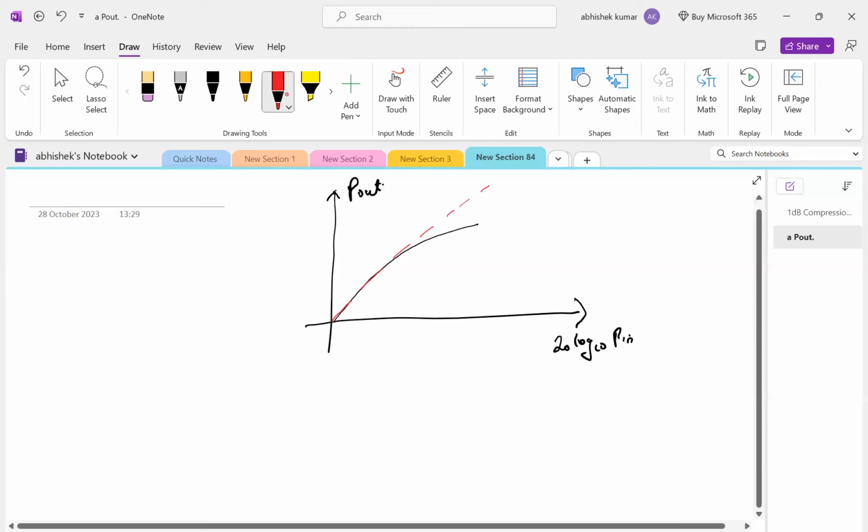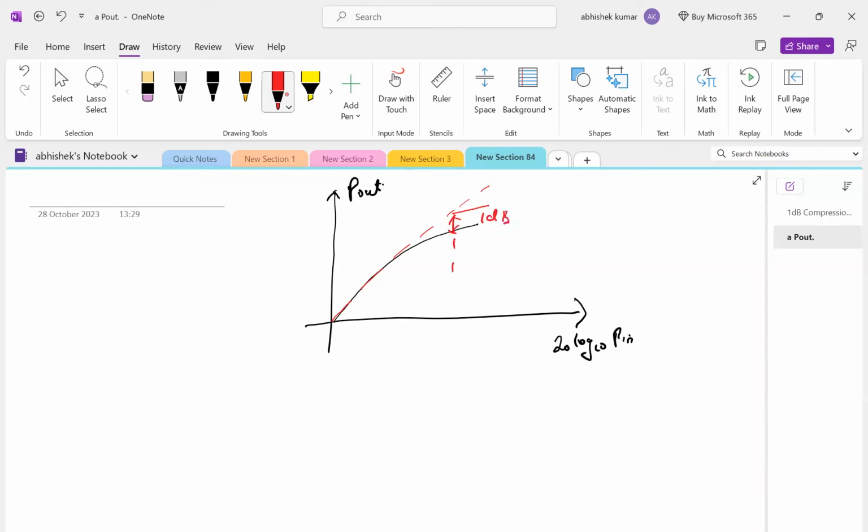So here we have 1 dB compression, and at this point it is known as P input 1 dB, and this is your P output 1 dB. So what do you mean by the 1 dB compression point? The 1 dB compression point is the point where your power output falls below the ideal value by 1 dB. Okay, are you getting it or not?